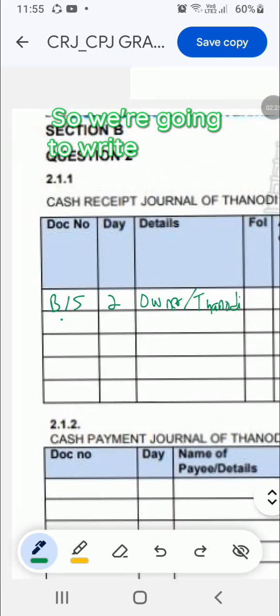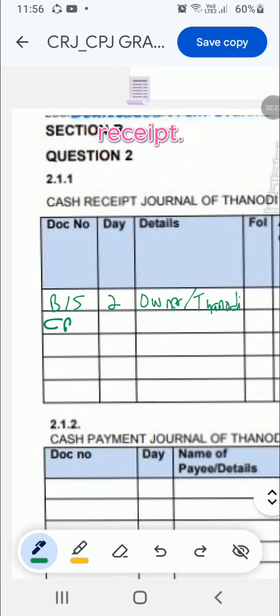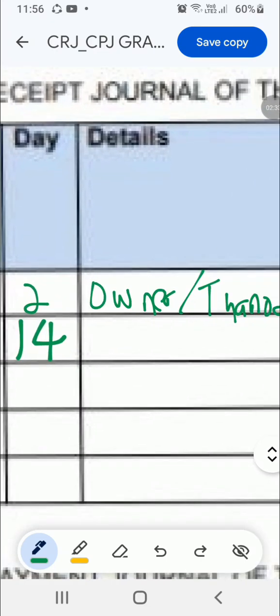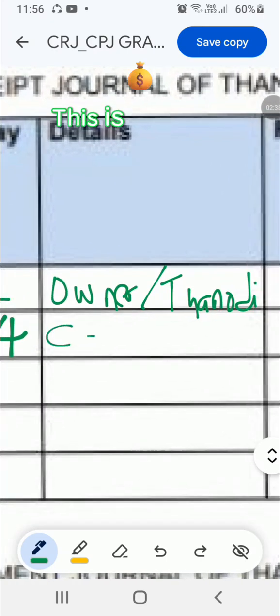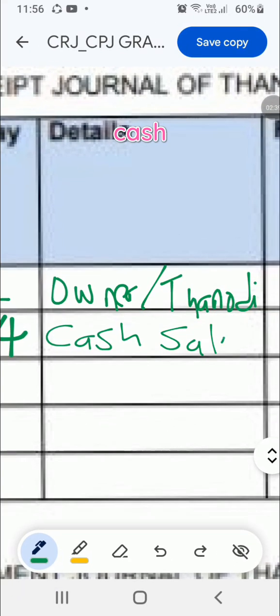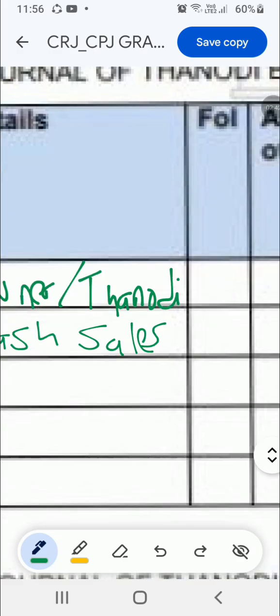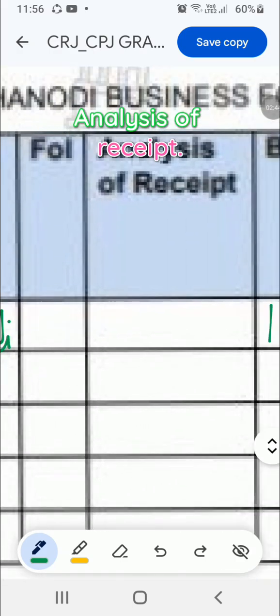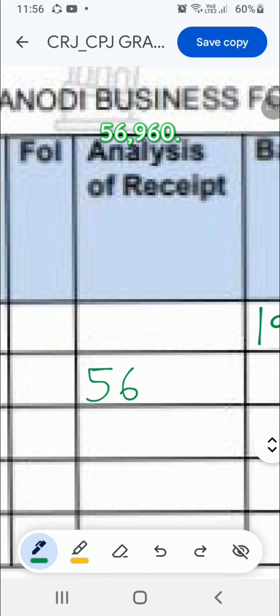So we're going to write them a receipt. So it's CRR. That's a receipt. Day is 14. This is the sale that we made. So this is cash sales. Analysis of receipt. Yes, there was a receipt issued. 56,960.